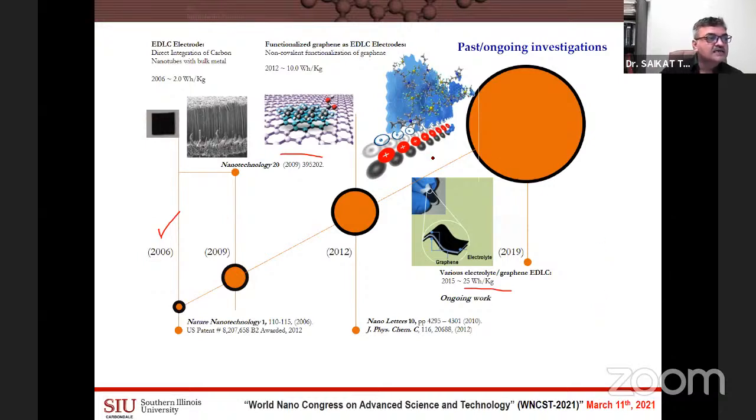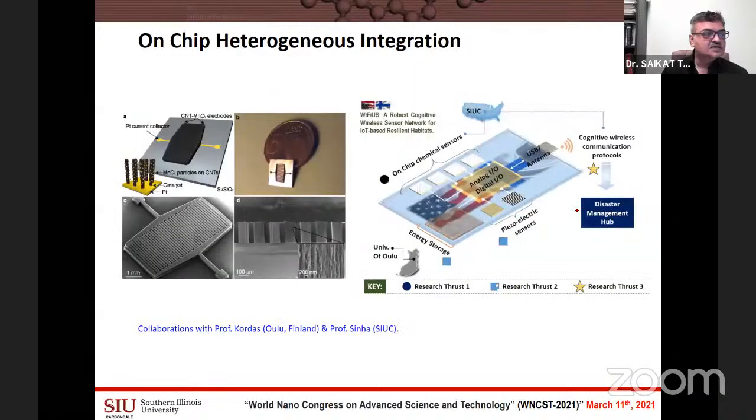And then we also had flexible electrodes, all solid state electrodes with ionic liquid and gel polymer balancing them. So basically we have seen that with a combination of different kinds of nanomaterials and such, you are able to increase the energy density.